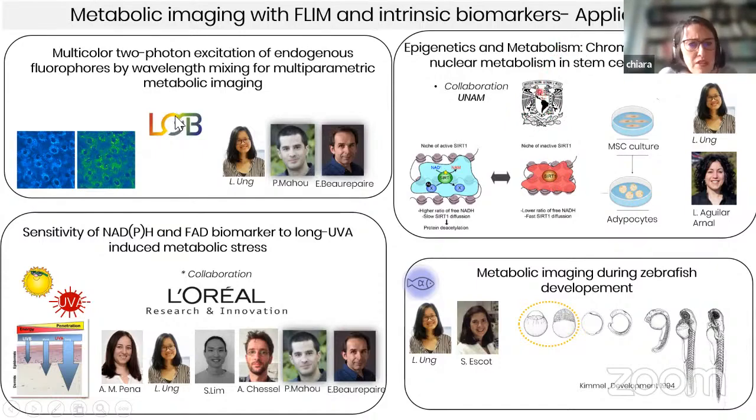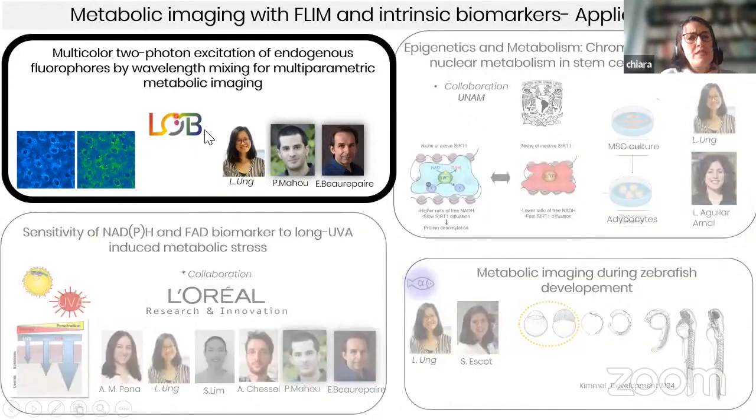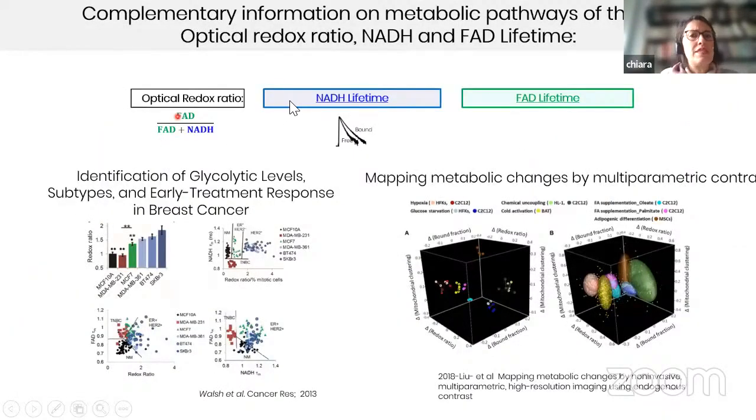So starting with the first project, what is the motivation? The motivation is that many papers in recent years show that the 3 different biomarkers, the optical redox ratio, the NADH lifetime, and FAD lifetime, can give very different information that is kind of complementary.